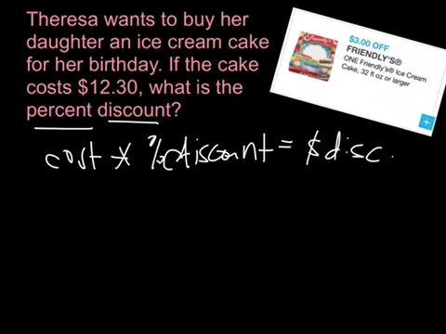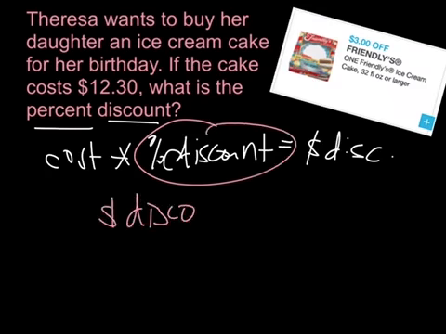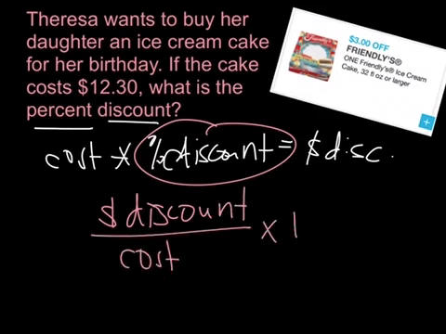However, we have to flip-flop because we're solving for our percent discount. So we have our money discount divided by our cost times 100 is going to get us our percent discount.